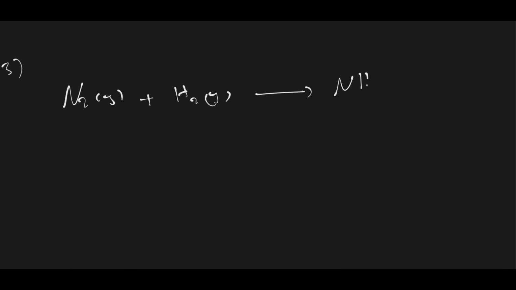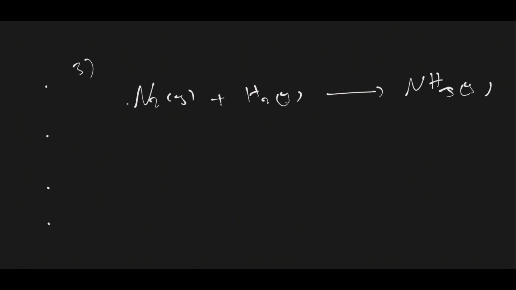We'll rewrite again the reaction. We have N2 in gaseous state plus H2 in gaseous state, which gives 1 mole of NH3 in gaseous state. Here we have the stoichiometric coefficients that we have to add.